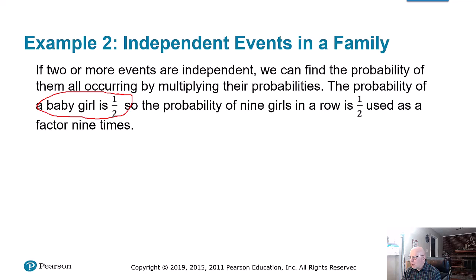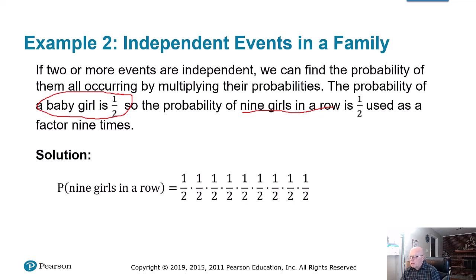So multiply all those 1/2s together 9 times, because we're talking about 9 girls in a row. So there's your multiplication. Of course, it'd be a little bit easier if you took 1/2 to the 9th power.